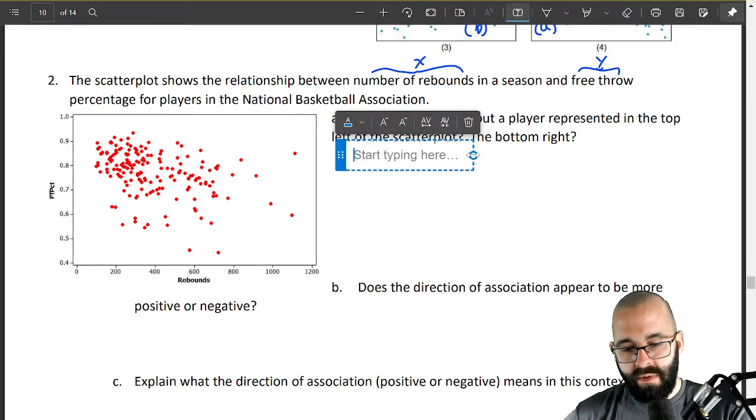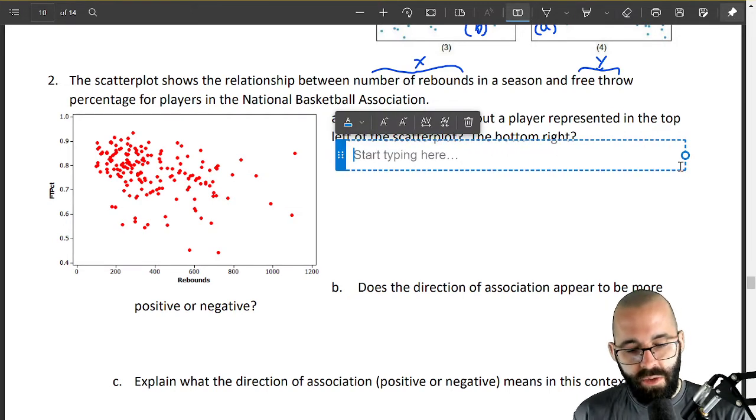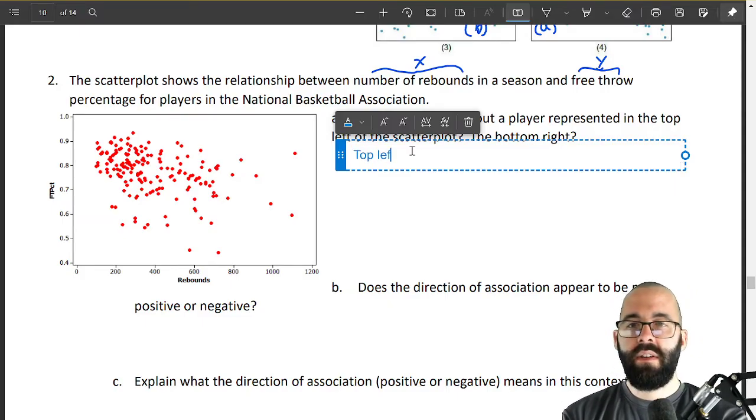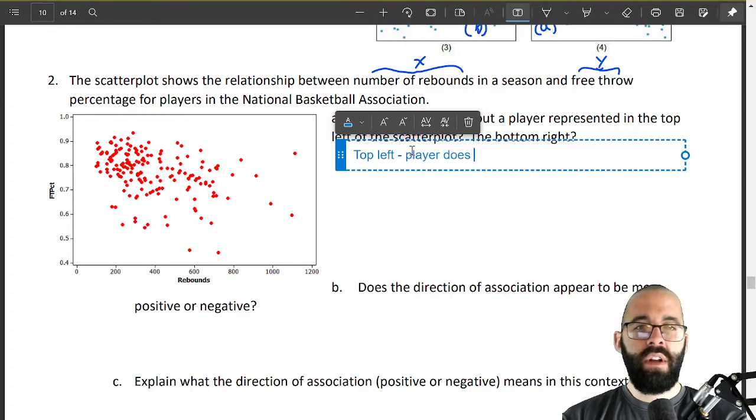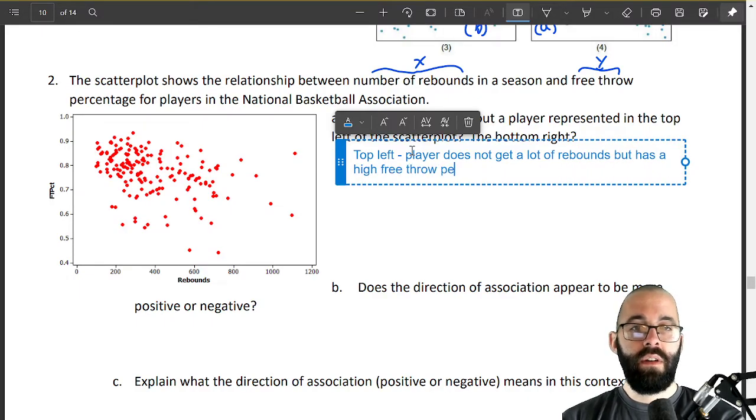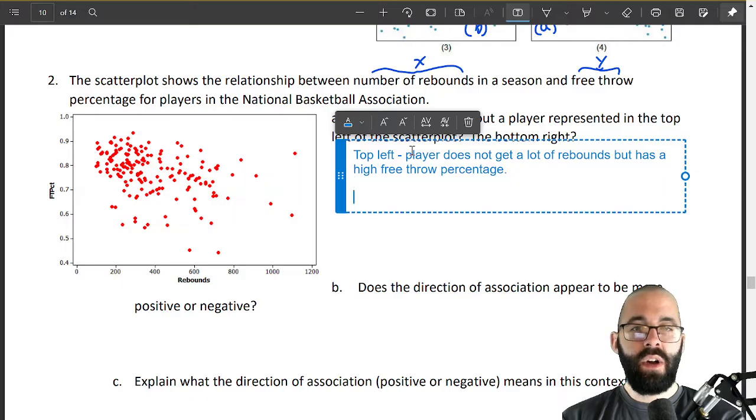So in the top left, that's going to be a player who does not get a lot of rebounds, but has a high free throw percentage. And again, bottom right, going to be the inverse, right?